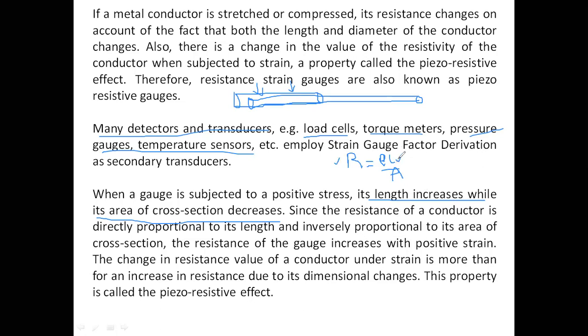If length decreases, R decreases. If the cross-sectional area decreases, then resistance increases. If A increases, then R decreases. So this is the relationship between L, A, and also rho. If rho increases, R increases. If rho decreases, R decreases.